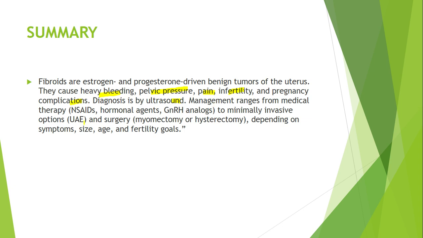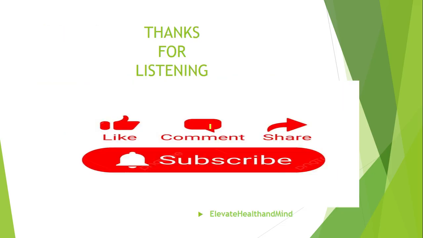Management ranges from medical therapy, such as the use of non-steroidal anti-inflammatory drugs, hormonal agents, gonadotropin releasing hormone analogs, to minimally invasive options such as UAE, and surgery such as myomectomy or hysterectomy, depending on symptoms, size, age, and fertility goals.